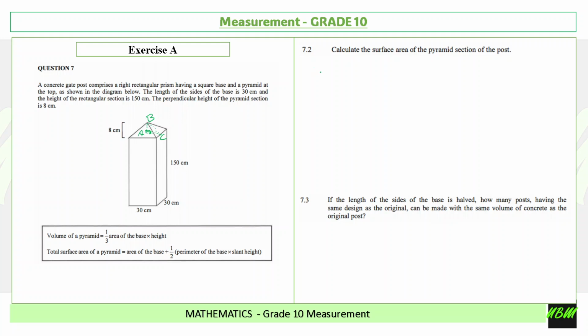BC is our hypotenuse, which is the slant height. So slant height squared will be equal to AB squared, which will be 8 squared, plus AC squared, which will be 15 squared.